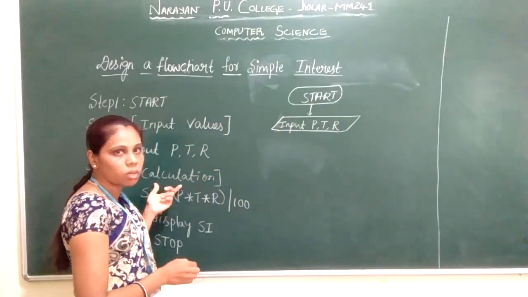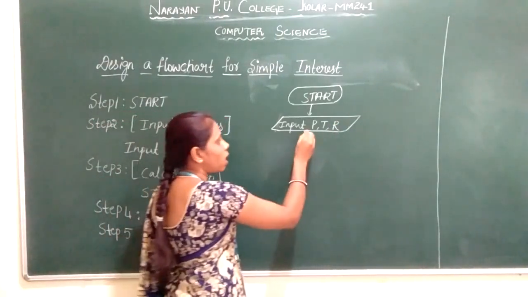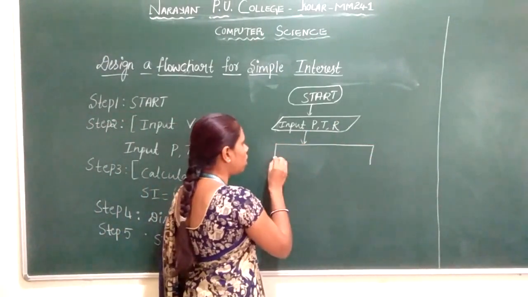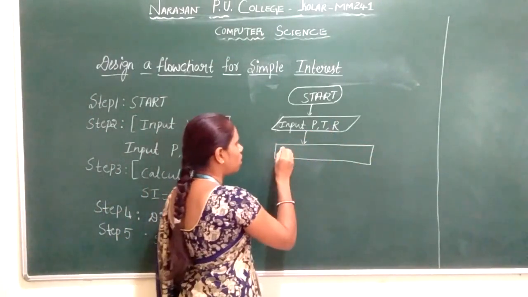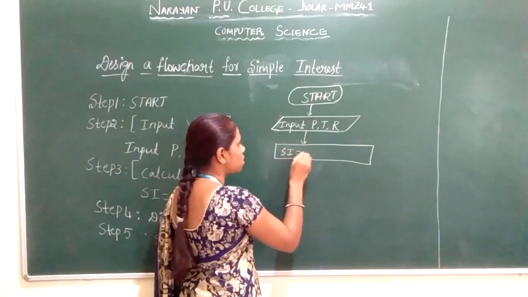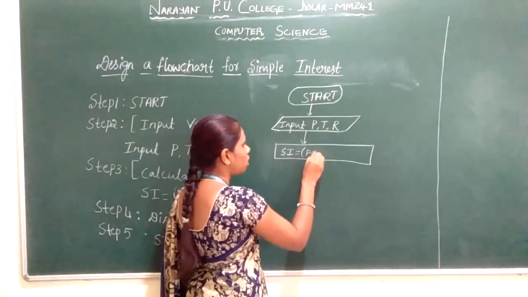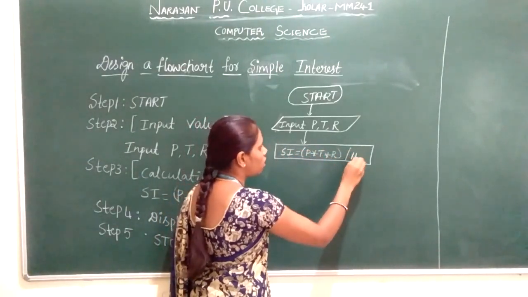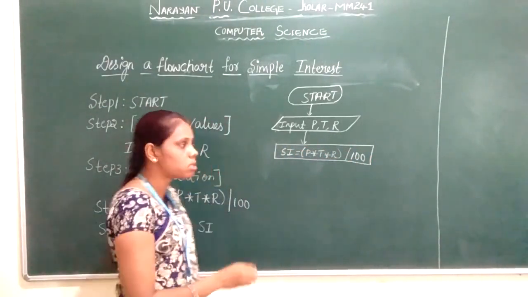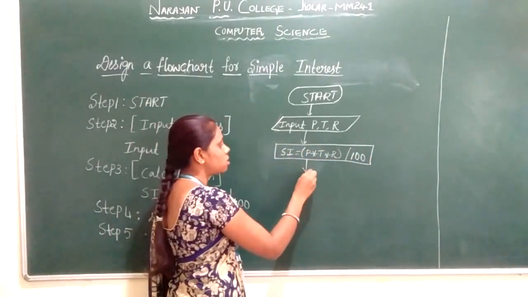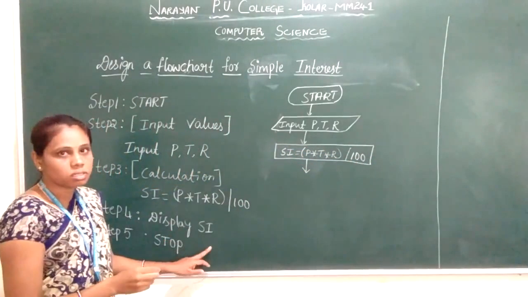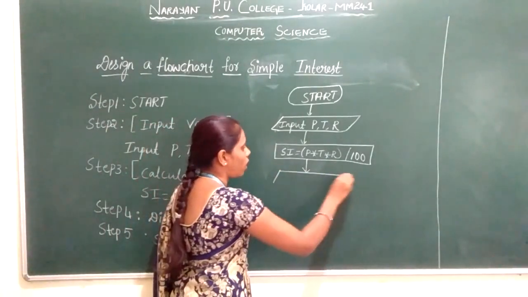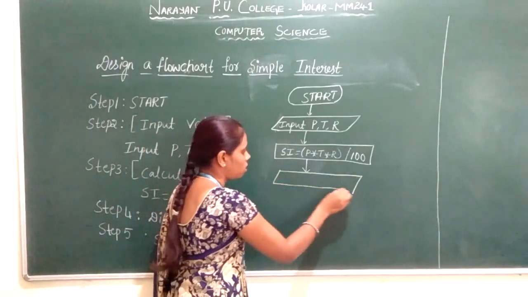Next, the next step is calculations. For calculation, we use rectangle symbol. Now, SI is equal to P into T into R divided by 100. This is calculation. Next is display the results. For displaying or for output, we use parallelogram symbol.